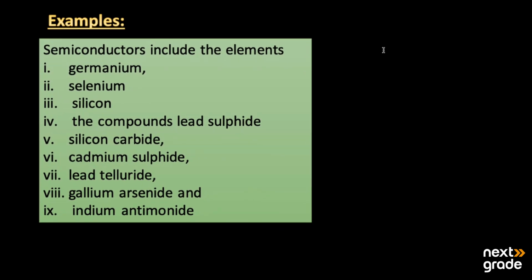The main examples of semiconductors include elements like germanium, its symbol is Ge, selenium, which is Se, and silicon. They also include lead sulfide compounds, silicon carbide, cadmium sulfide, lead tellurium, gallium arsenide, and indium antimonide. All these elements and substances behave like semiconductors.